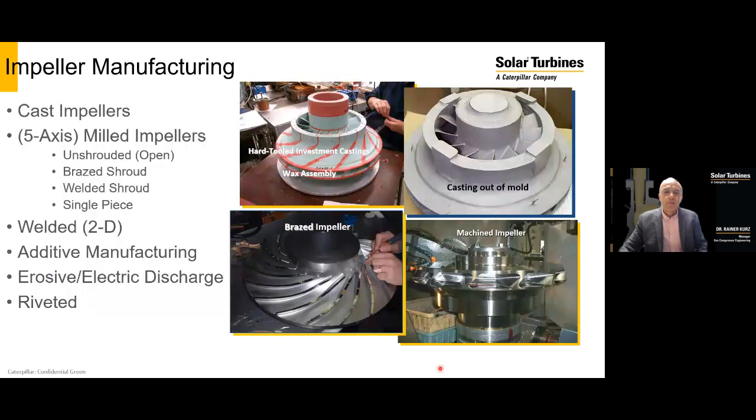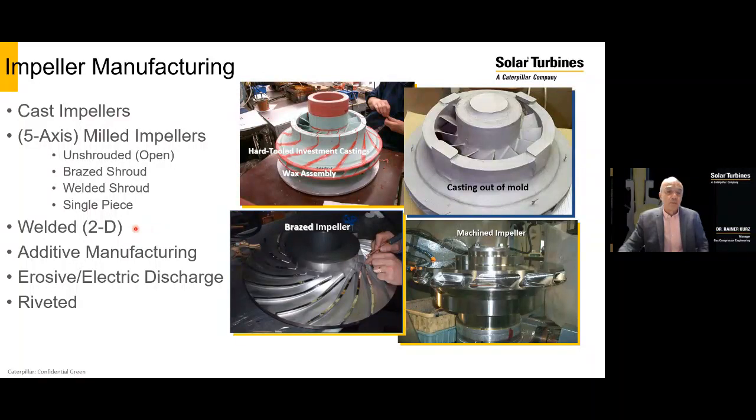These impellers can be made in a variety of different ways. We use a lot of cast impellers, but we also use 5-axis milled impellers, both 5-axis milled in a single piece, or with brazed shrouds, and there are also other manufacturers in the industry that use welded shrouds or that make open-faced impellers without a shroud.